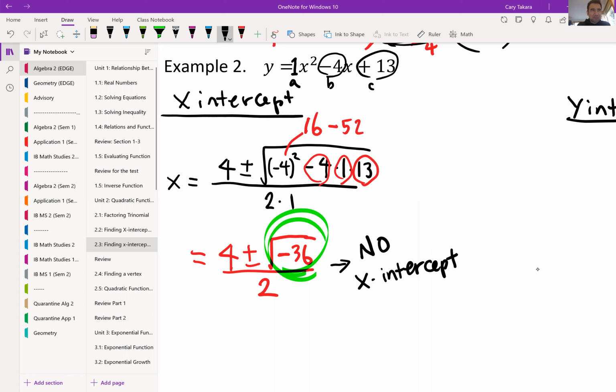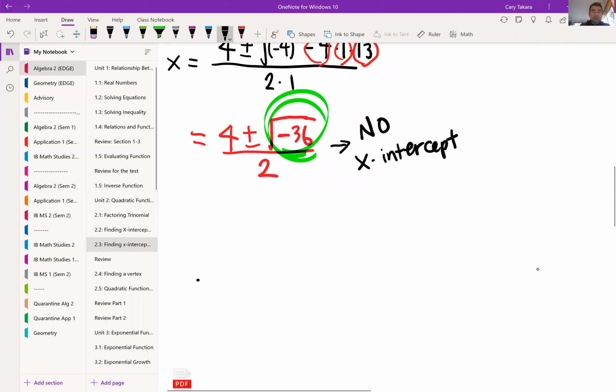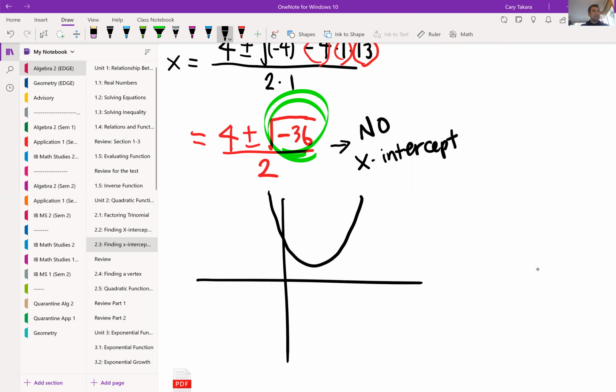Is that possible though, by the way? Is it possible to have a quadratic function having no x-intercept? How can that be possible? Well, some quadratic functions, you could have something like that, right? It's above the x-axis, exactly correct, Francisco.